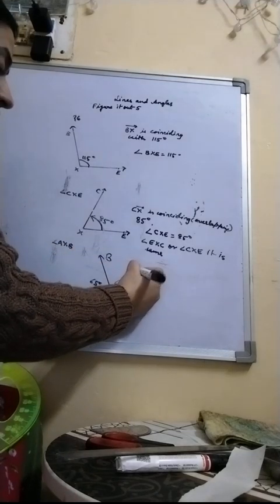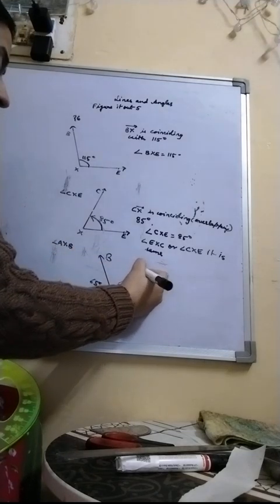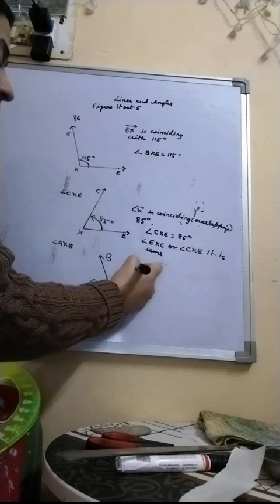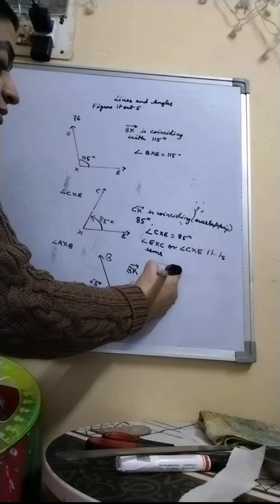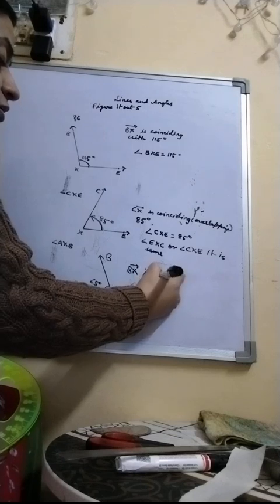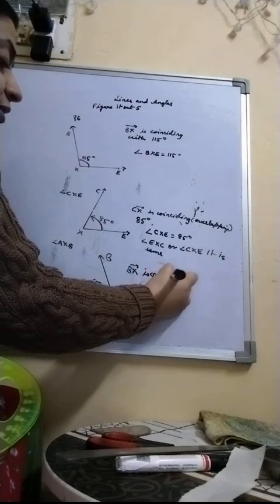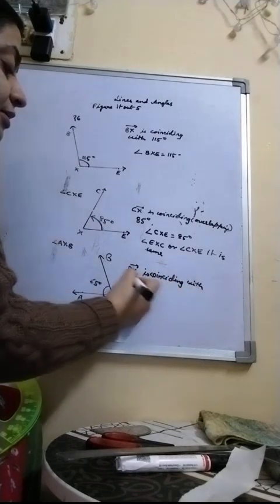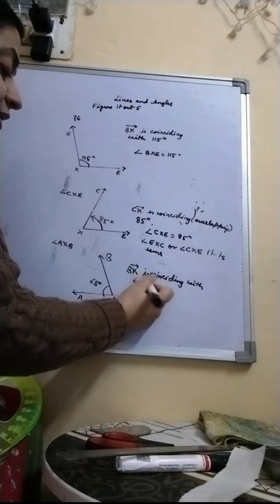So you would say that BX is coinciding with 65 degree.